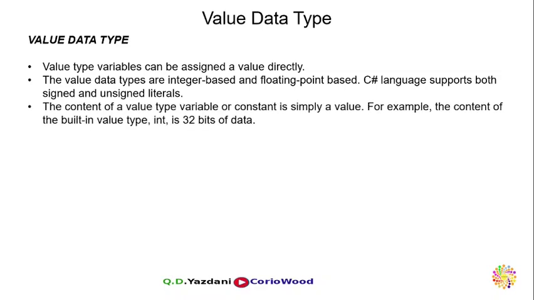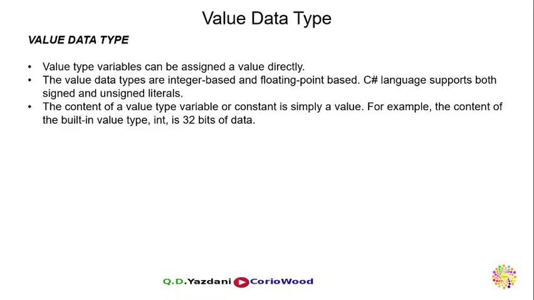The content of a value type variable or constant is simply the value. For example, the contents of the built-in value type int is 32 bits of data. We say this is just the value, whatever the value is. For example, if it's int, it's 32 bits of data, which makes it 4 bytes.